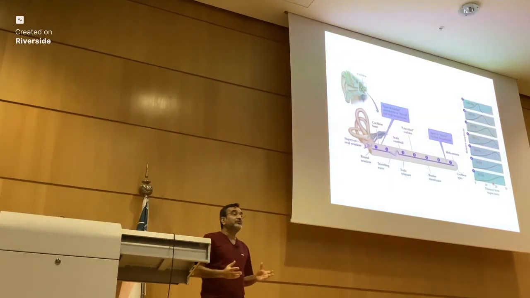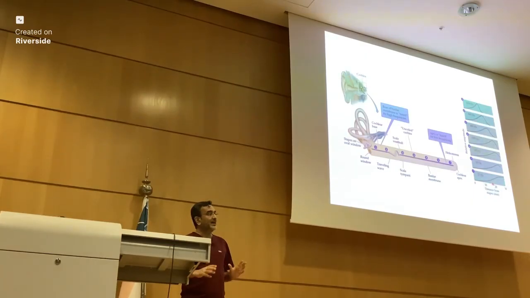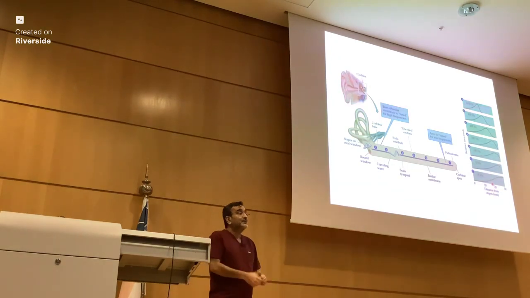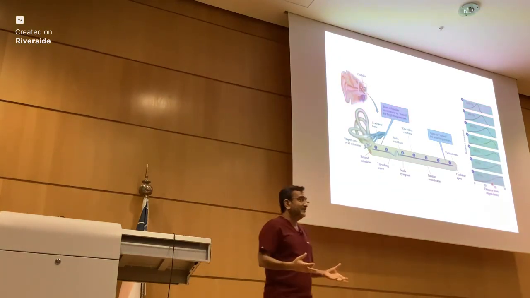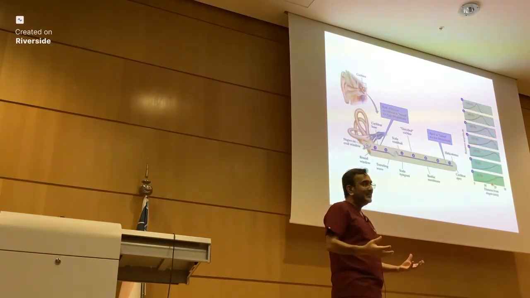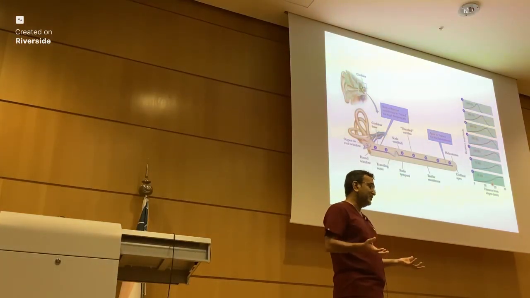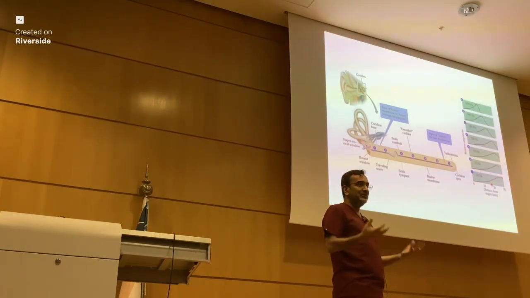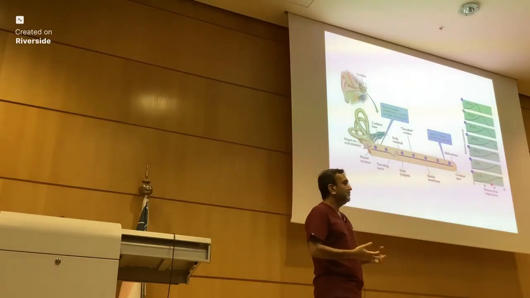Now, the other thing which can also be assessed by the cochlea is the loudness of the sound. The number of hair cells in that area which get stimulated is going to determine the loudness of sound. The more hair cells stimulated, the more loudness.